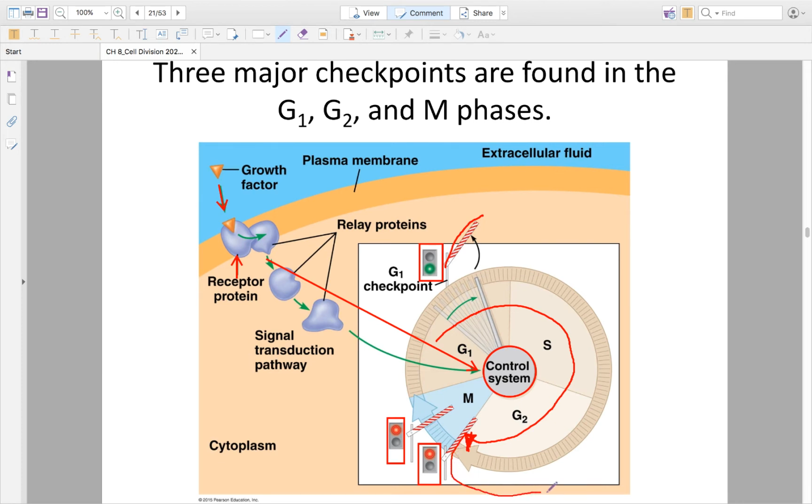So it's removed out of the cycle, and it goes into a programmed cell death state called apoptosis. It's like cellular suicide, because let's say there was a mistake in the gene replication, and it could be a mistake that could cause cancer. So it has to be destroyed.